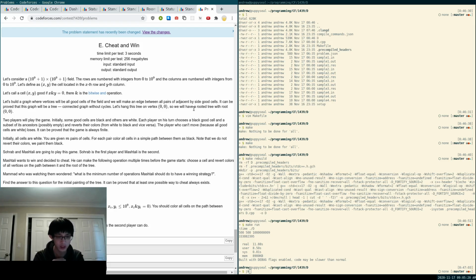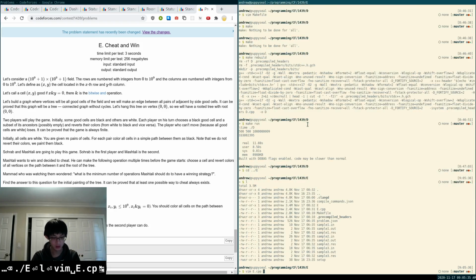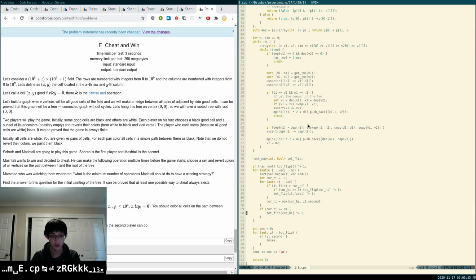The second thing is that we're essentially trying to take these paths and decompose them into short intervals, and that's not too hard either. One way of thinking about it is like heavy light.